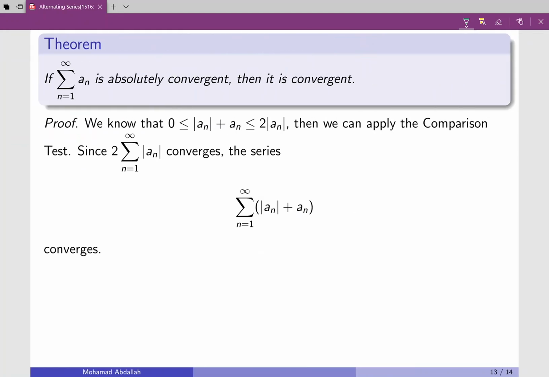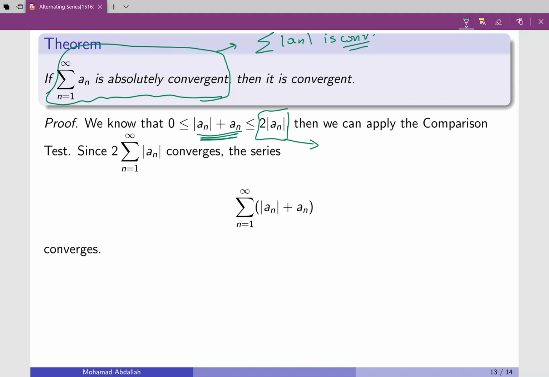Now, we know that this is convergent. Why is this convergent? Because the statement here says if this is absolutely convergent, that means I'm saying that the sum of the absolute value of an is convergent. By the comparison test, this is going to be convergent.